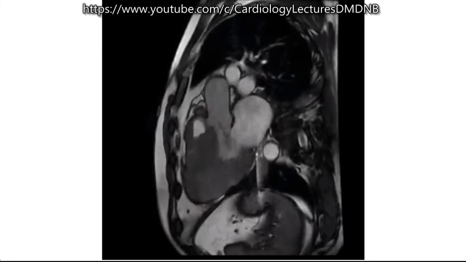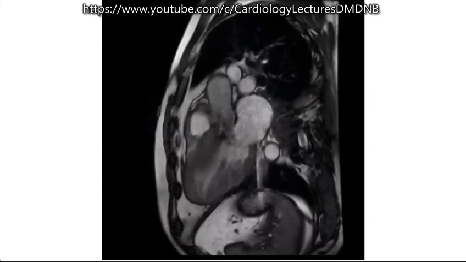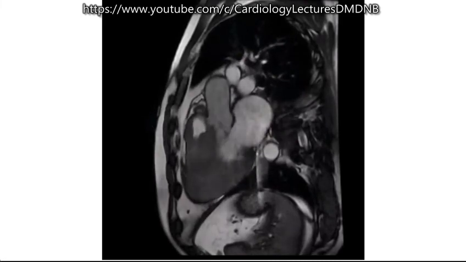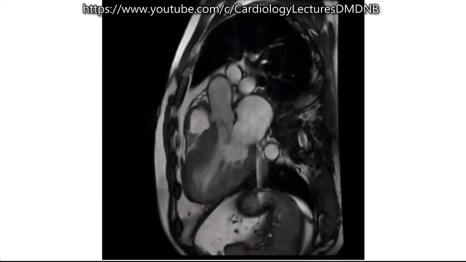We have to see LGE, late gadolinium enhancement. If more than 15%, it suggests fibrosis, and this is a high-risk candidate, so we go for ICD.